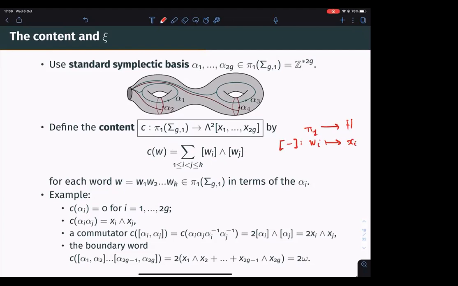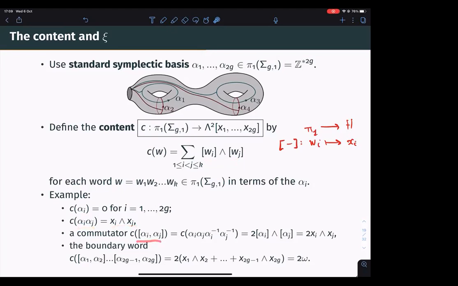We write every word here in the alphabet alpha_i, and then we take every two letters and take their wedge, essentially. Some ways to evaluate this: the content of one letter words is 0. The content of a single product is just a wedge.